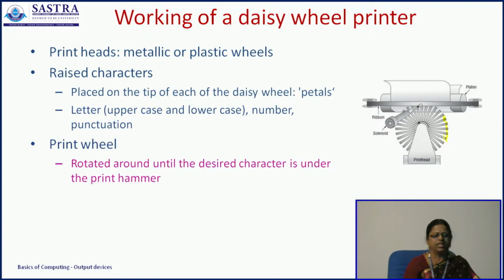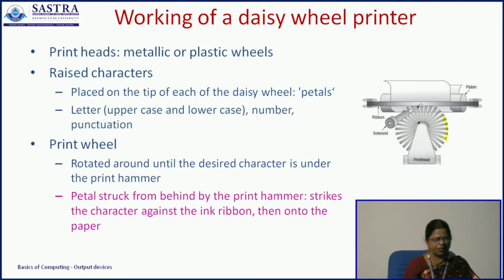The print wheel is rotated around until the desired character is under the print hammer. The petal is struck from behind by the print hammer and it strikes the character against the ink ribbon and then onto the paper.